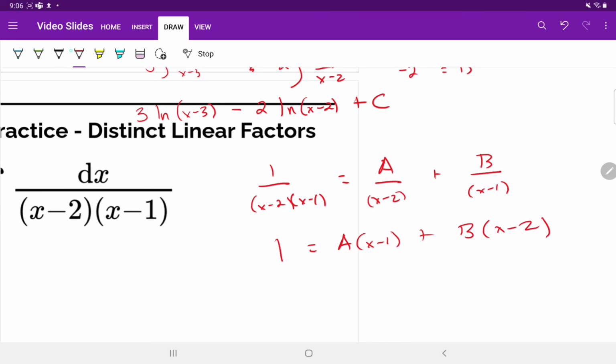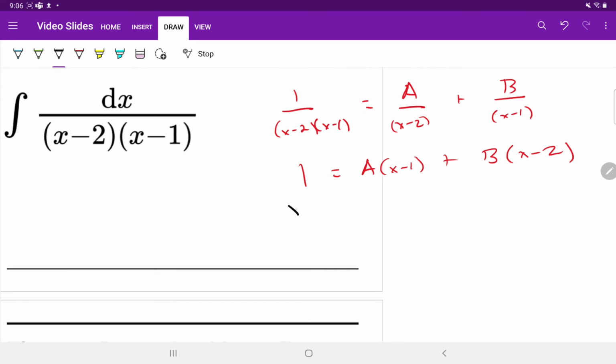Then I'm going to pick values that help me out. So I'll say x is equal to 1, and then x is equal to 2. So 1 is equal to a times (1 minus 1), that's going to cancel, plus b times (1 minus 2). 1 minus 2 gives me negative 1, so negative b is equal to 1, or negative 1 is equal to b.